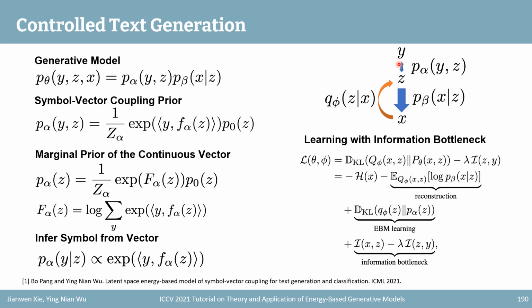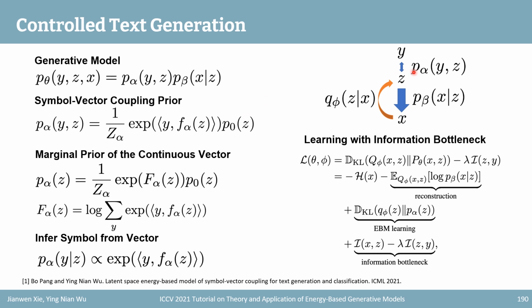Okay, and then we still have such a model, so this is a latent space energy-based model, and the energy is a coupling between Y, symbolic categorical Y, and dense continuous vector Z. We can also learn an inference model to amortize or approximate the short-run MCMC sampling from the posterior distribution within the variational autoencoder framework.